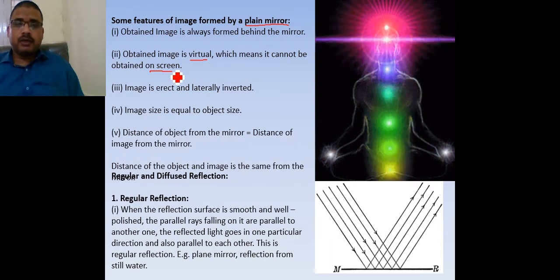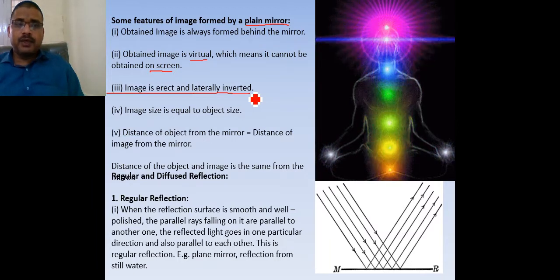What is lateral inversion? If there is a left hand, and we observe it in a plane mirror, the image of that object in the plane mirror will be on the right-hand side.